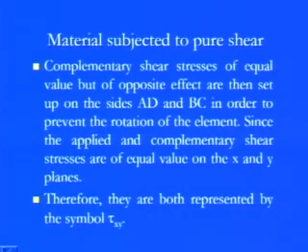Since the applied and complementary shear stresses are equal and opposite, we can say that this object is in equilibrium. Therefore, both are represented by tau xy, because tau xy and tau yx are equal and opposite, so it has the same physical meaning.